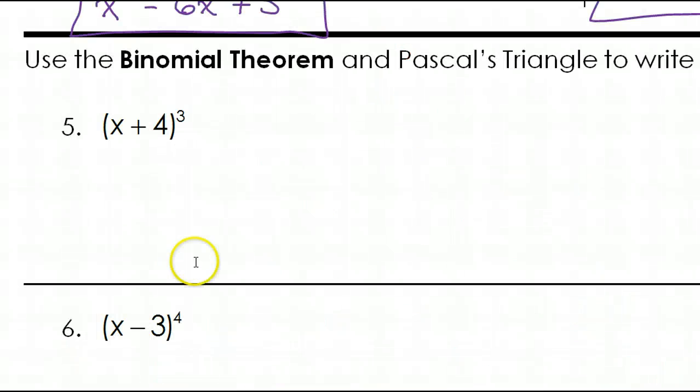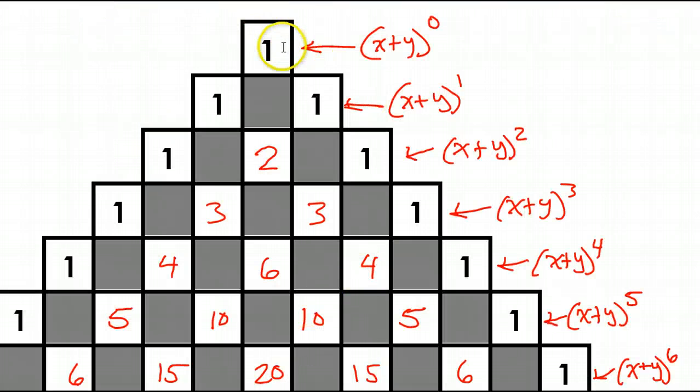So we're dealing with the third power, degree 3. So just remember, the very top of this pyramid starts with degree 0. So this is the 0 row, this is the row degree 1, degree 2, and so this is the degree 3 row that we're going to be dealing with.